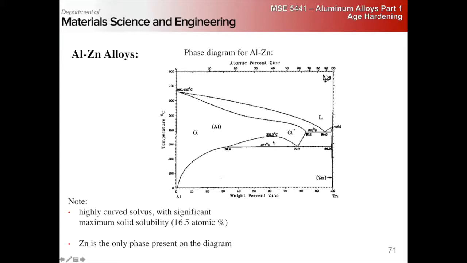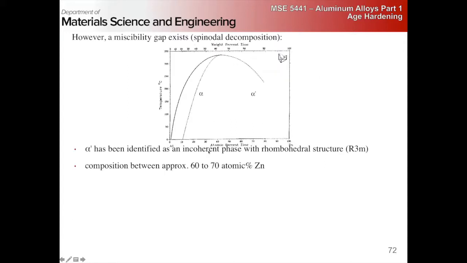It's got a very important two-word phrase: miscibility gap. So if we're in this region, we're actually in a two-phase regime of alpha and alpha prime, and so we have a spinodal decomposition that occurs.